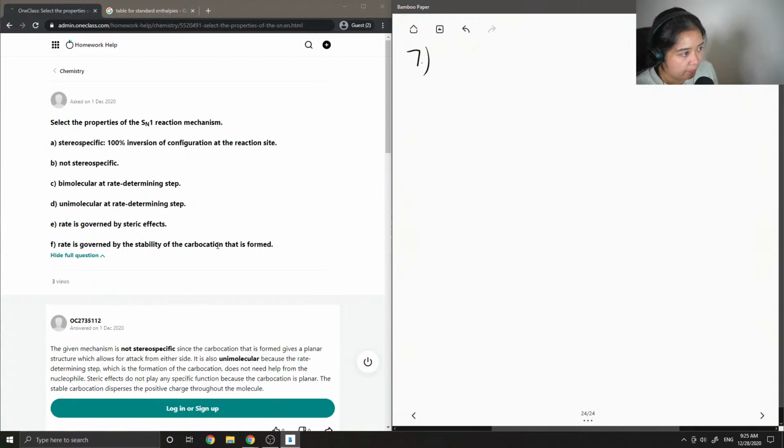Okay, so first I'll just show a typical SN1 reaction, which is also known as a nucleophilic substitution reaction.